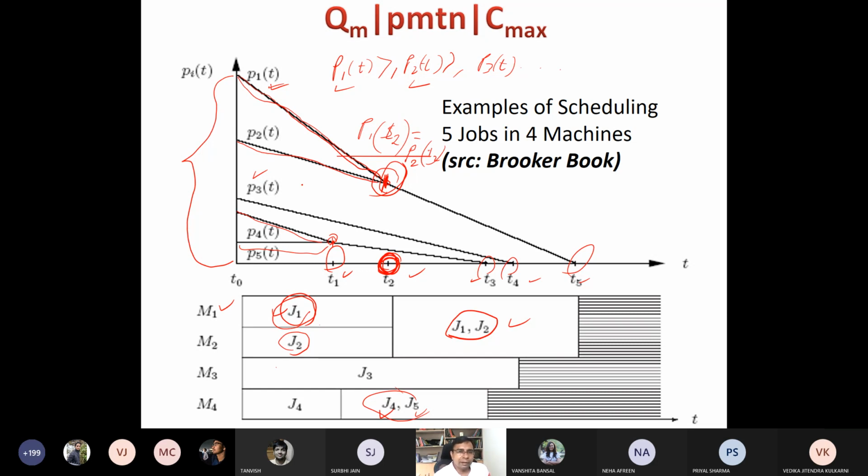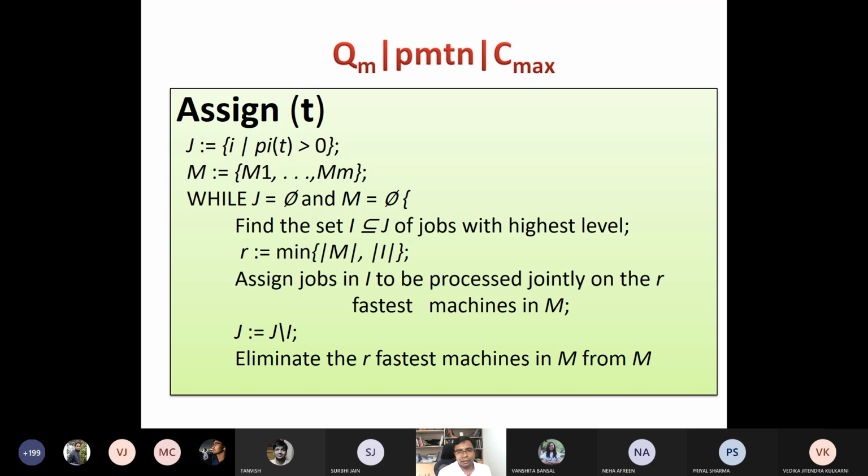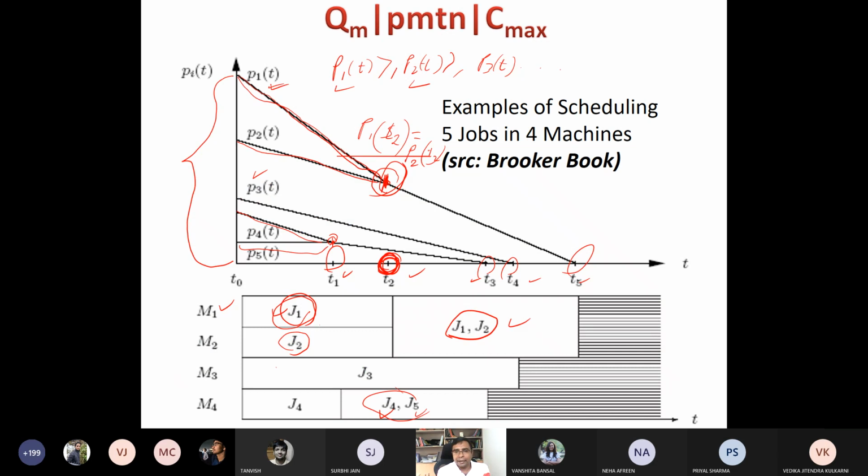So at this point, remaining time of both those jobs is the same. That is what we are saying, and we are marking those points. That is the algorithmic level we are saying. And once you have done that, then you do these things. So from the level, look at where you need to co-execute, then co-execute, otherwise execute separately. So this algorithm is nothing but writing the things in a textual and formal way. But this is the meaning.